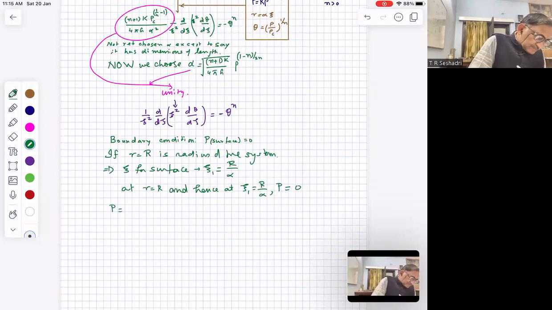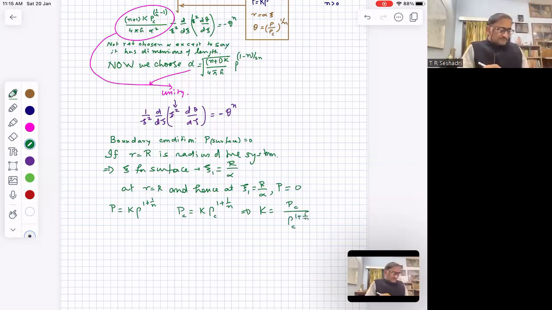Now, since pressure is equal to K times rho to the power 1 plus 1 by n, the central pressure PC is equal to K rho C to the power 1 plus 1 by n, which means that my K is PC by rho C to the power 1 plus 1 by n.